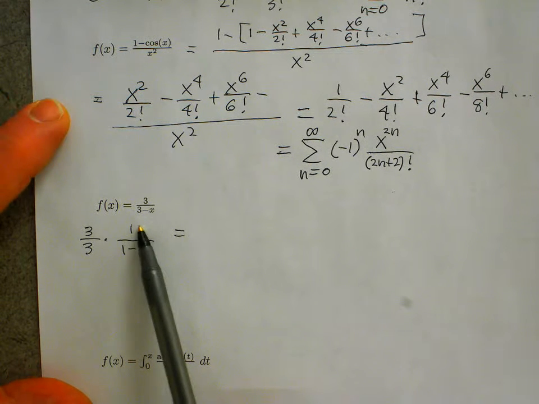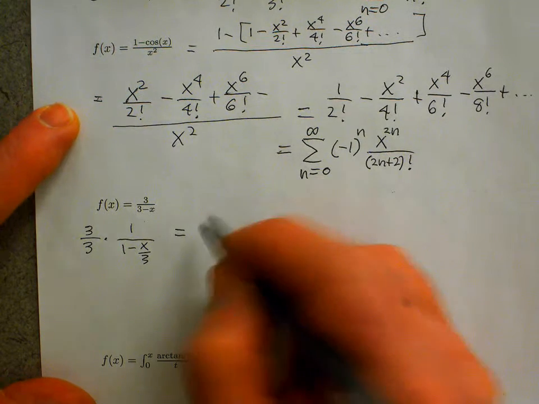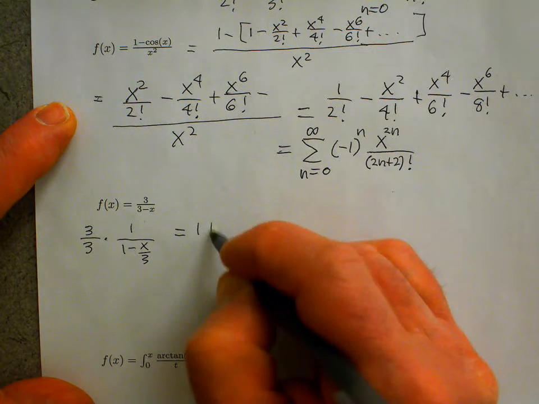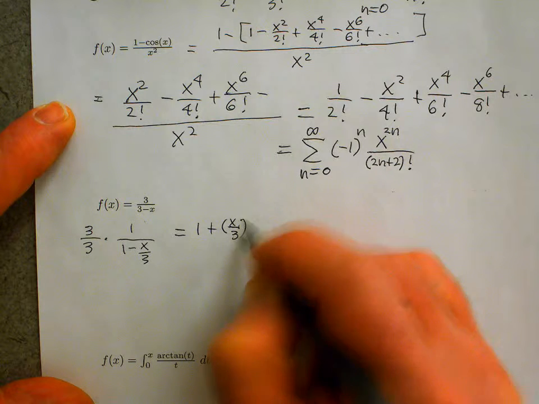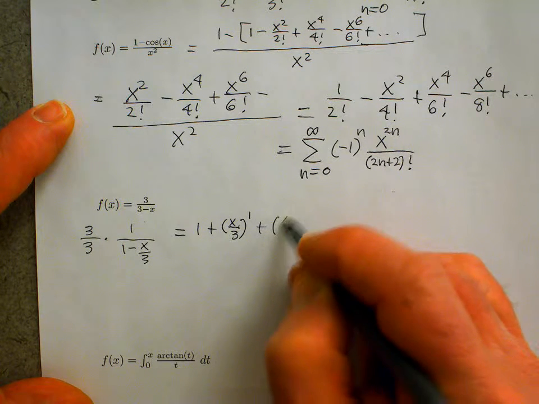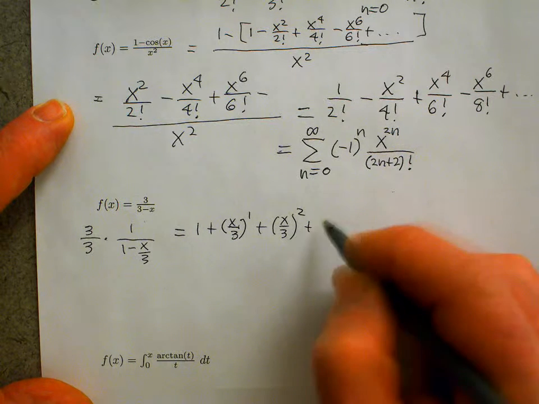And then 1 over 1 minus x over 3, that's just going to be 1 plus x over 3 to the first plus x over 3 to the second, and so on.